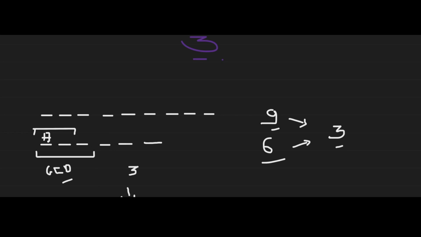But then we can say the GCD is a string of length 3, because 3 is a multiple of 1. So we can definitely say that the GCD of these two lengths is the length of our GCD string.